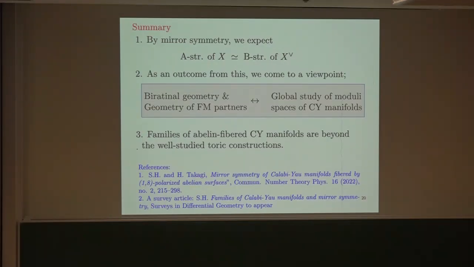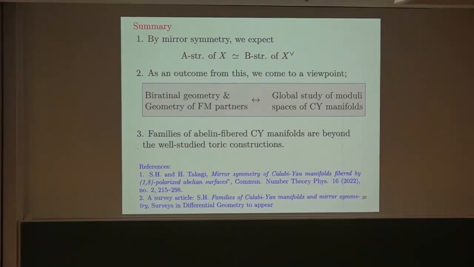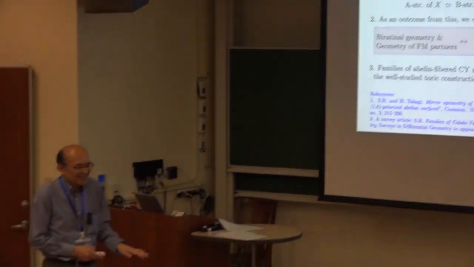And I don't know how to formulate it mathematically, or how to prove it mathematically. It seems to be very hard. My point this time is to go beyond the toric varieties, where there are still interesting Calabi-Yau manifolds.